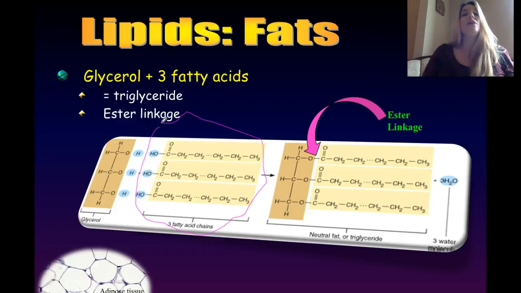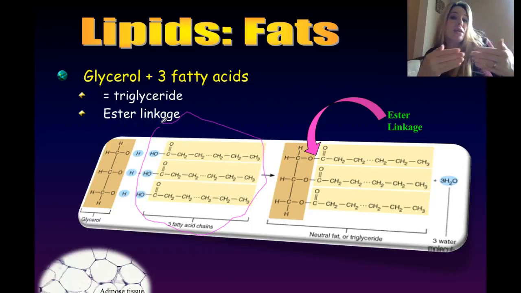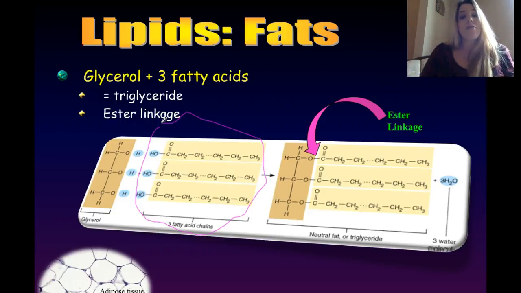And so remember in carbs, the linkage was called a glycosidic linkage. In lipids, in fats, to join the glycerol head to the three fatty acid chains, we're going to form something called an ester linkage. And to do that, this is another dehydration synthesis reaction, so you should be all familiar with that by now.